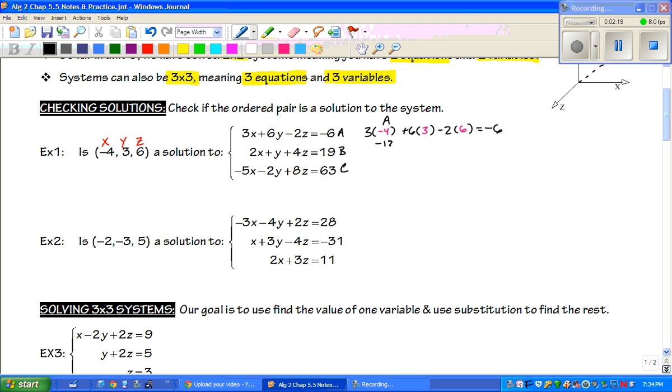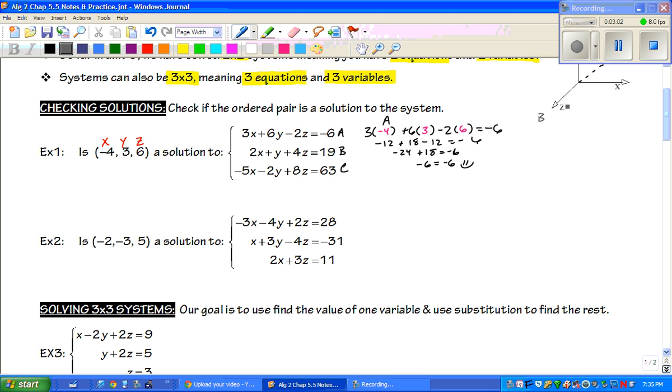So 3 times -4 is -12, plus 18, minus 12 equals -6. Okay, so combine your like terms. I'm going to go with the two negatives first, which gives me -24. And -24 plus 18 gives us -6. So far, we're good.